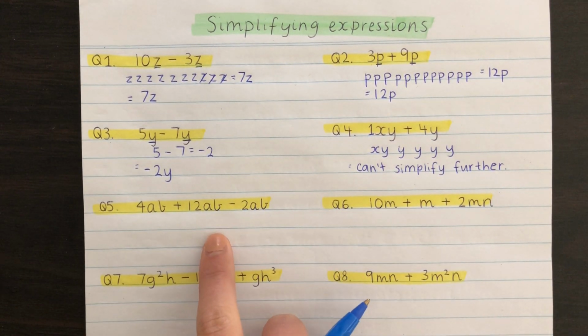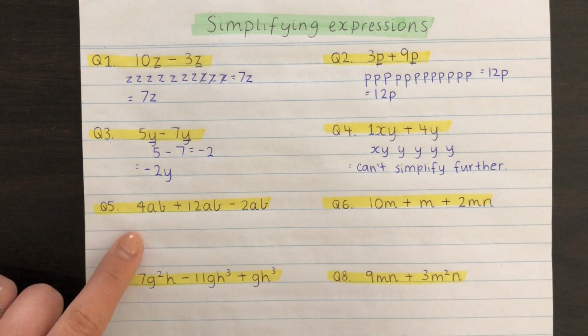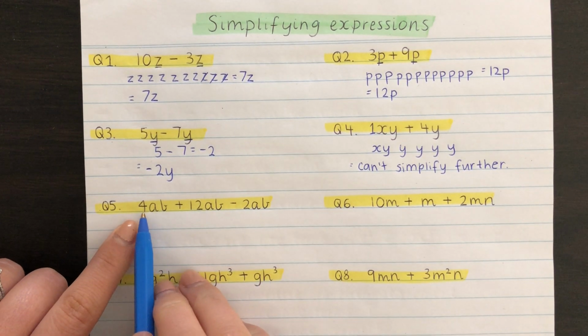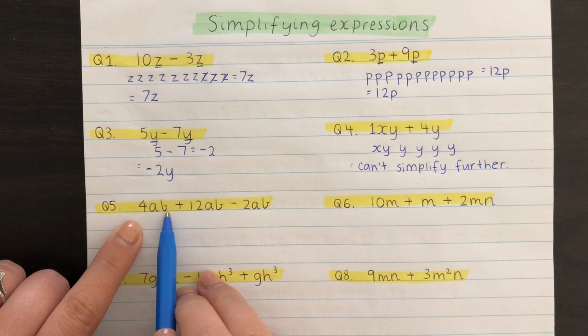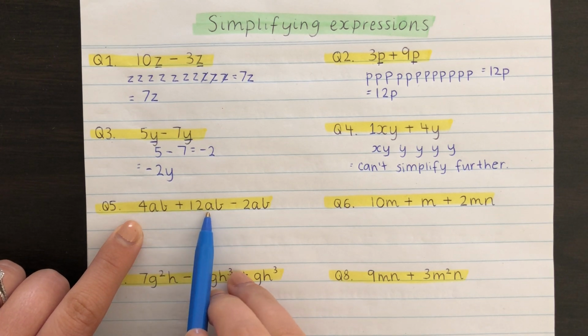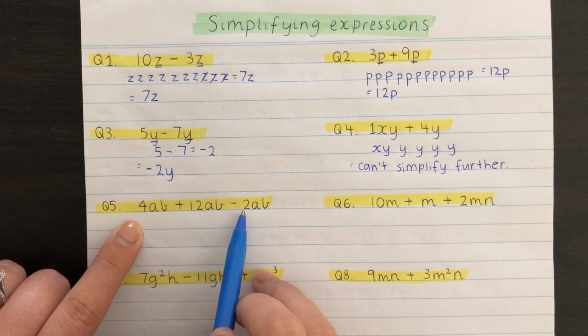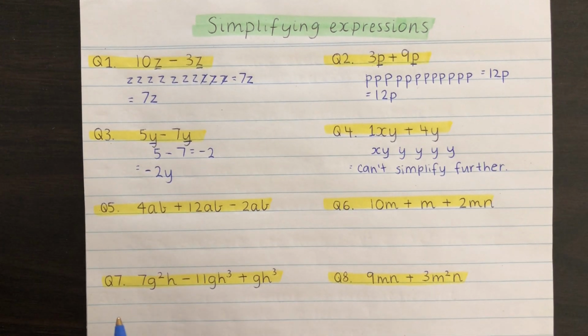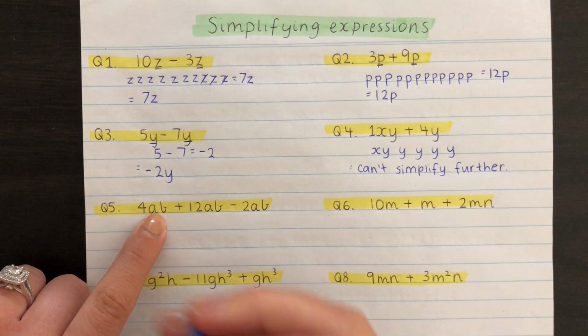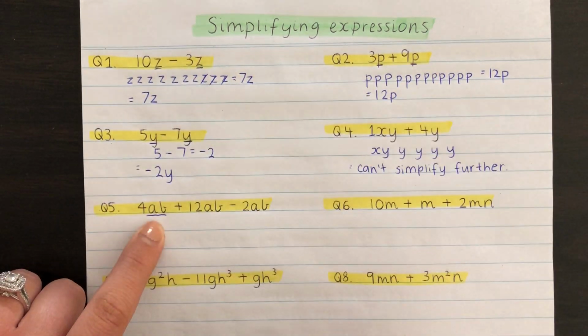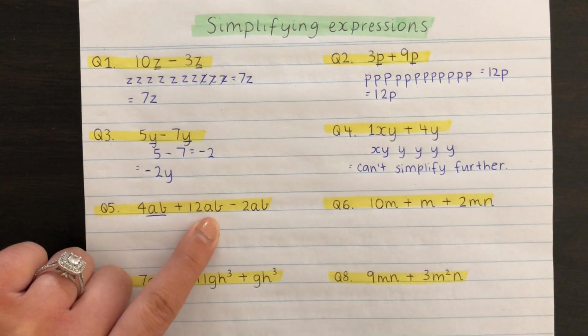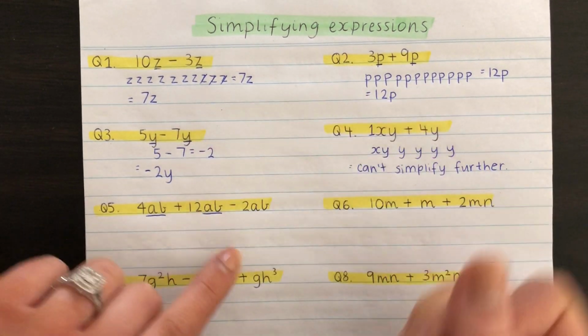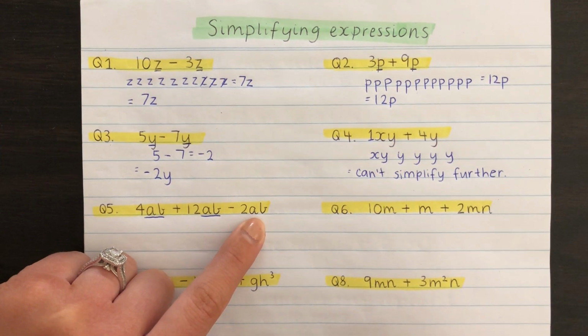Okay, number 5, halfway, almost through. 4ab plus 12ab minus 2ab. Let's check to see how many of these are like terms. We have an ab over here, an ab here, and an ab there.